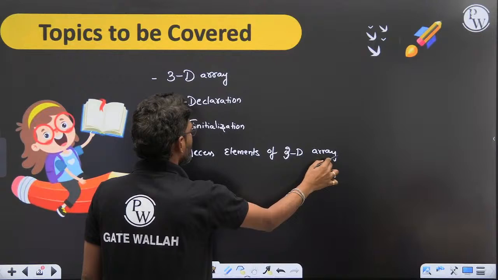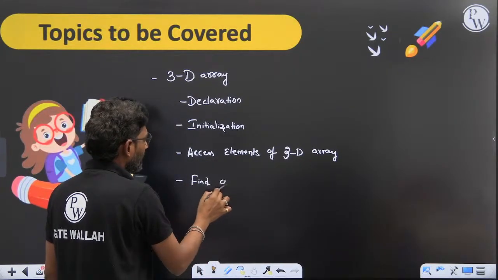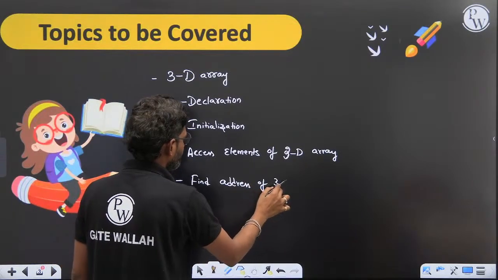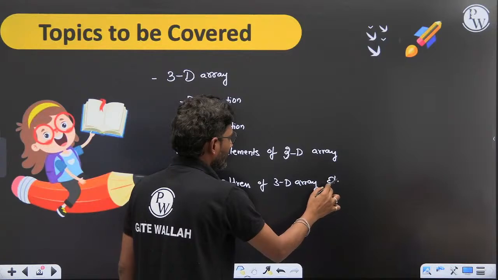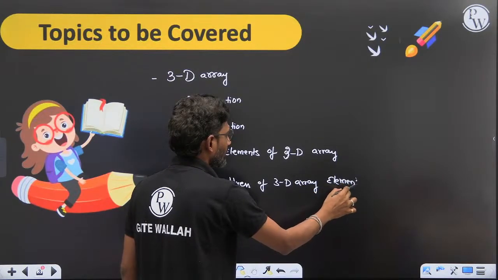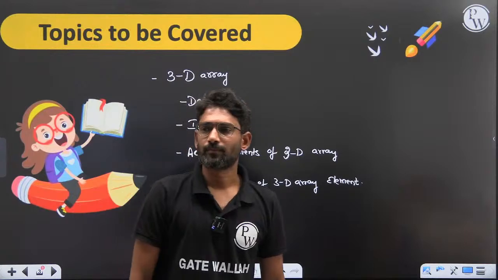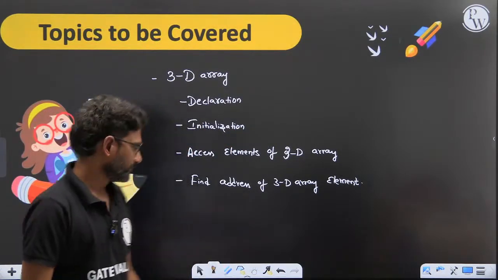Along with this, we will also discuss how we find the address of a 3D array element. Okay? So, without any delay guys, let us start the session.